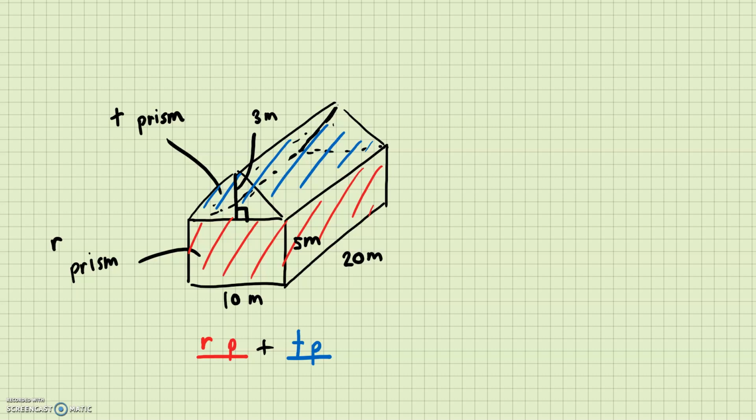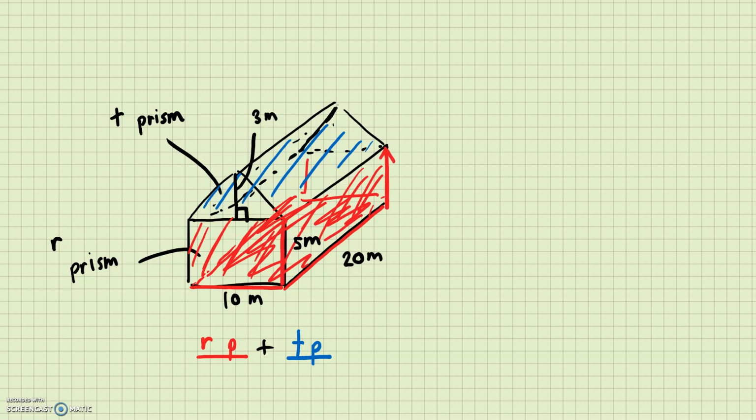Then what would the volume of this total shape be? Well, for the volume of the rectangular prism, the red part here, you just need to multiply 10 times 20 to get the area of the base. And then multiply that times this height, times 5.